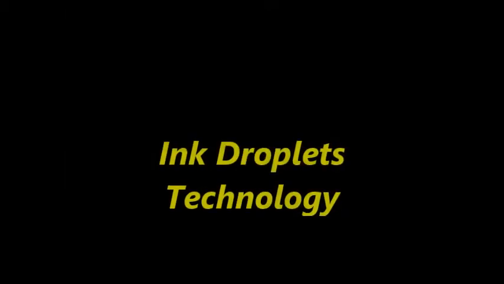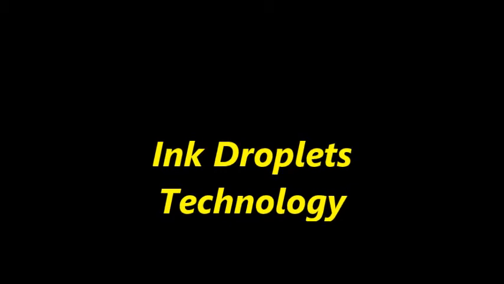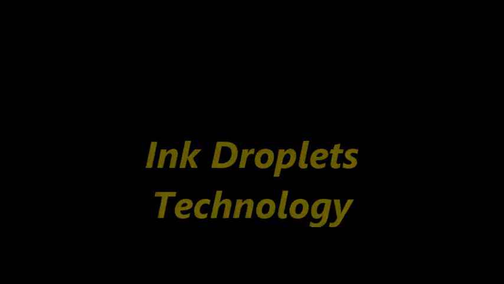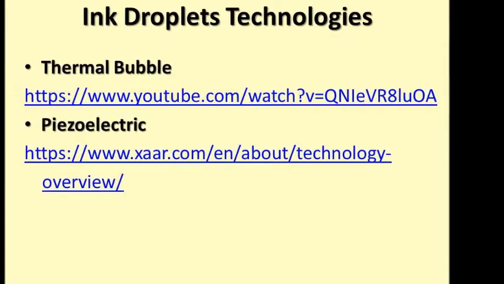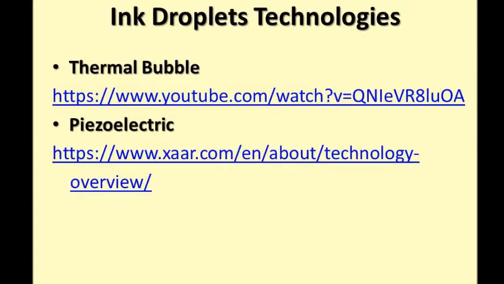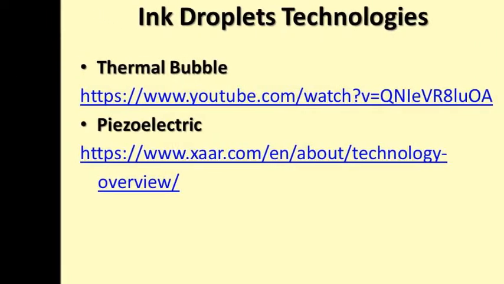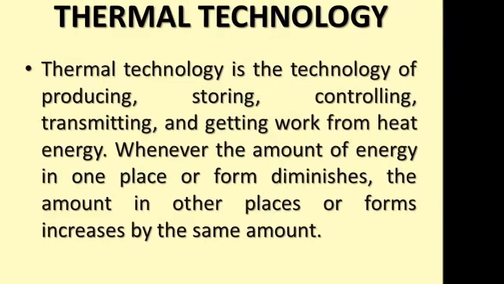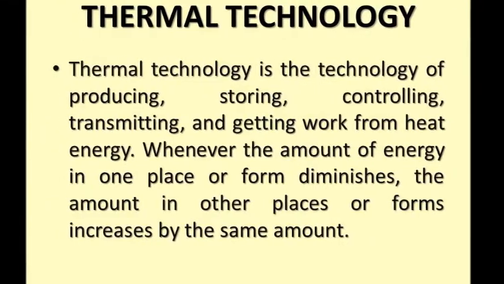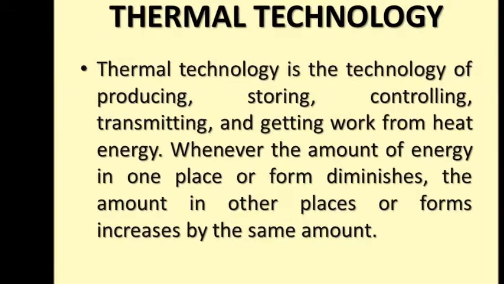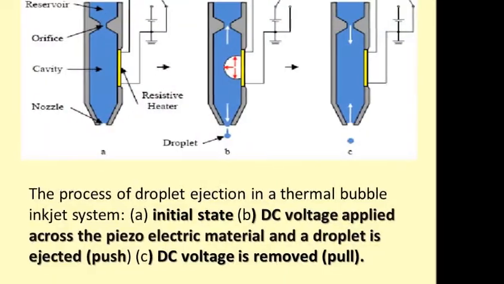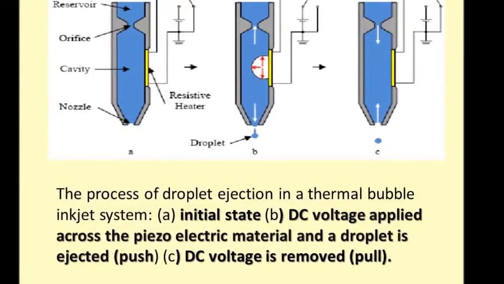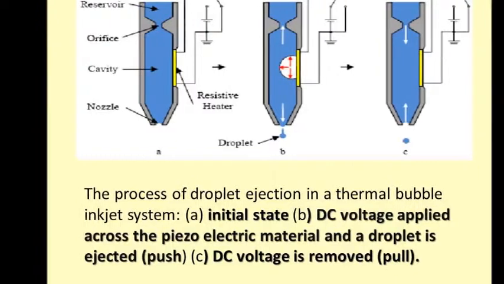For ink droplet technology, we have two technologies that are discussed in our book. The first one is thermal bubble and the other one is piezoelectric. In thermal bubble technology, a process of droplet ejection in a thermal bubble ink system: tiny resistors create localized heat which makes the ink vaporize.